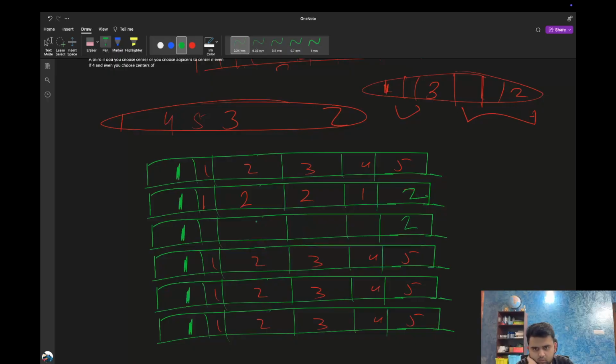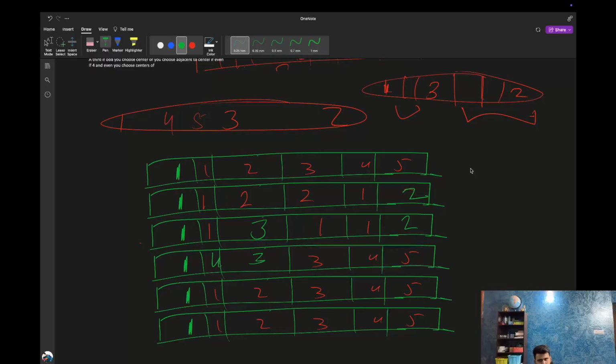So he chooses 3 here, and this becomes what? 1, 1, 1. Now all three equally probable. And say they choose, so if he chooses this, then this becomes what? This remains 1, 1. It doesn't matter. If he chooses this, it still remains 1, 1. But it actually doesn't matter. 3, 4, then 5, 6.